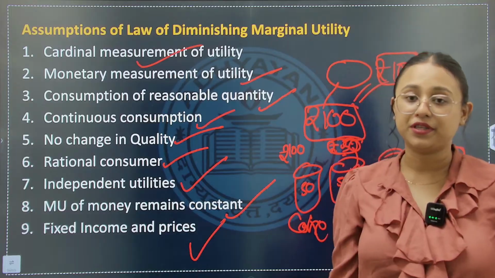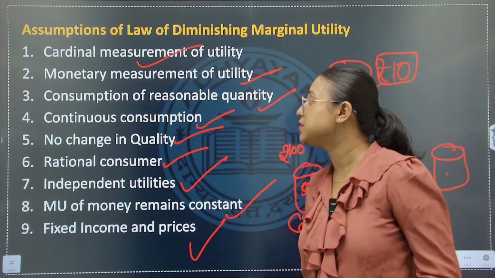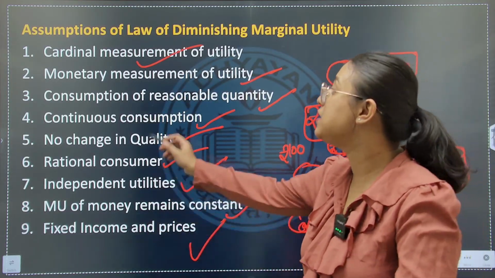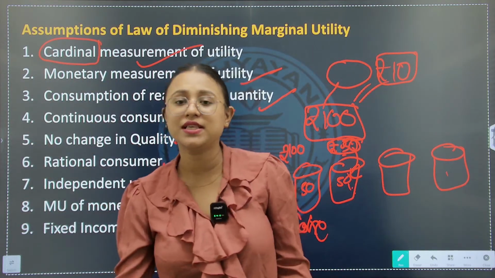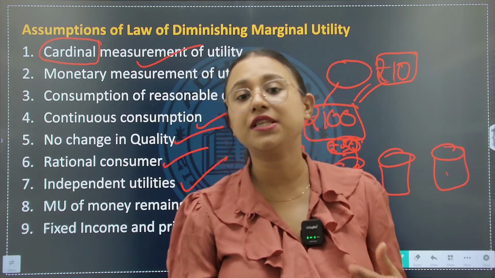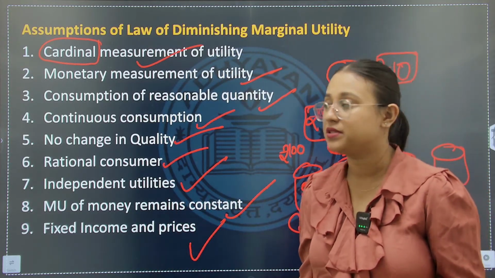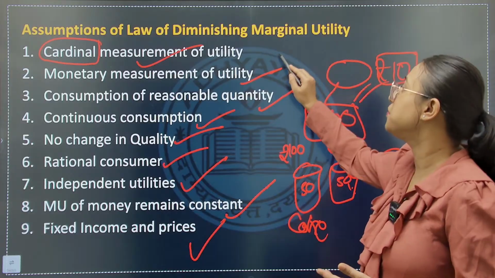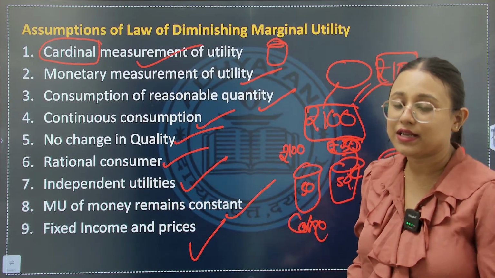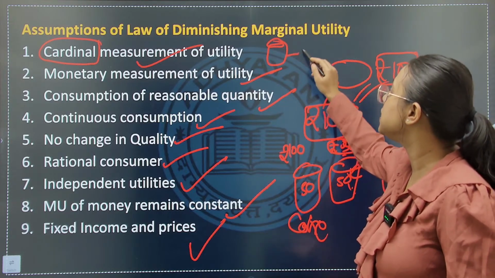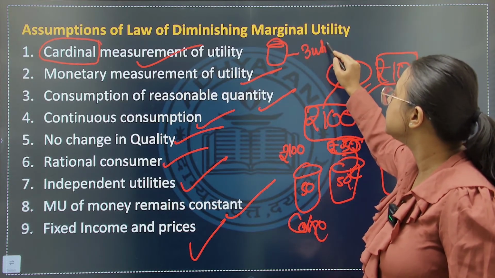The first is cardinal measurement of utility. Okay, I did not actually explain you what is cardinal utility. It means when utility can be measured in absolute numbers. যেতিয়া আমি utility measure কৰিব পাৰো, যেনেকে এটা গ্লাস অফ ওয়াটাৰৰ পৰা তুমি কিমানখিনি utility derive কৰিলা, 3 utils হব.